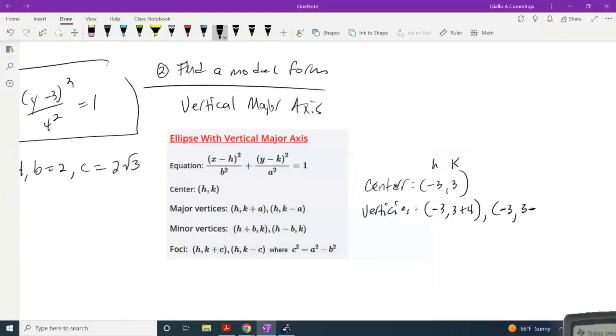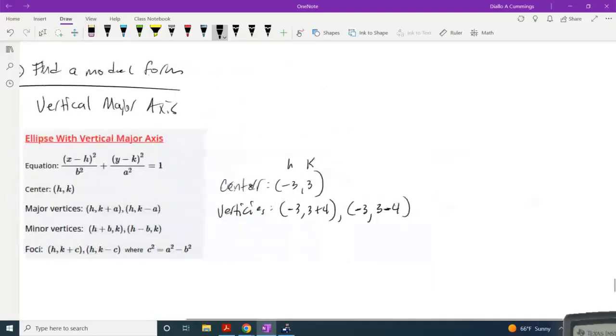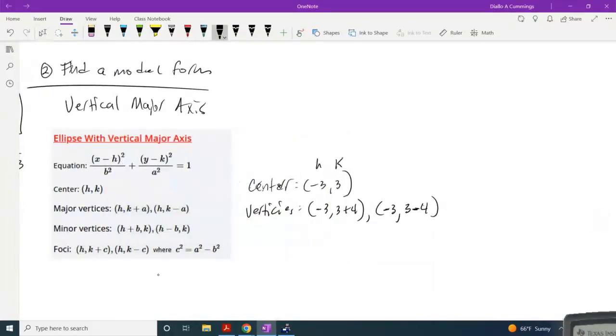K is 3. And then it's a minus because of our formula. And then A is 4. So once we simplify, we should have the vertices of -3, comma 7, and -3, comma -1. And those are our vertices.